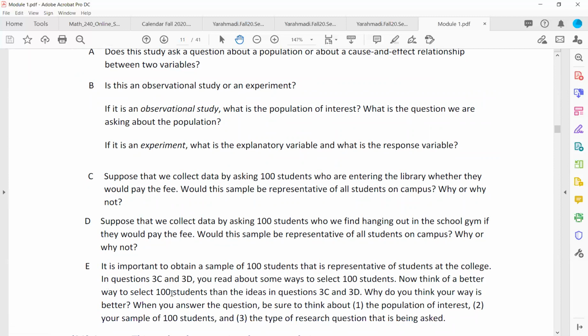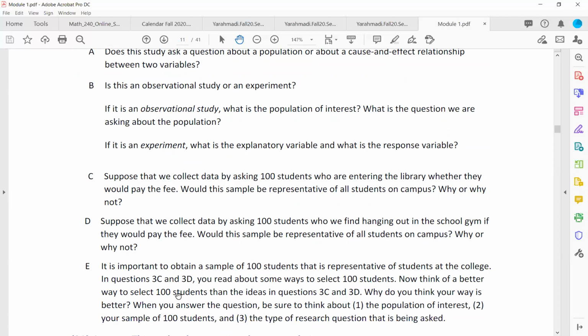E, it's important to obtain a sample of 100 students that is representative of students at the college. In questions 3C and 3D, you read about some ways to select 100 students. Now think of a better way to select 100 students than the ideas in questions 3C and 3D. So instead of going to the library, instead of going to the gym, what other ways are there to collect a random sample?